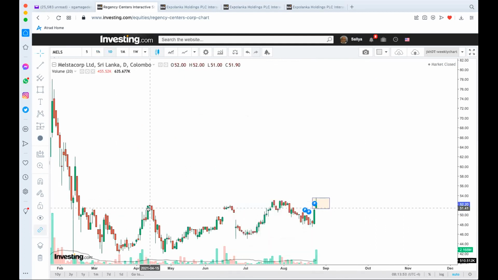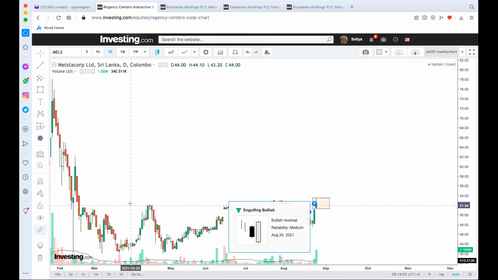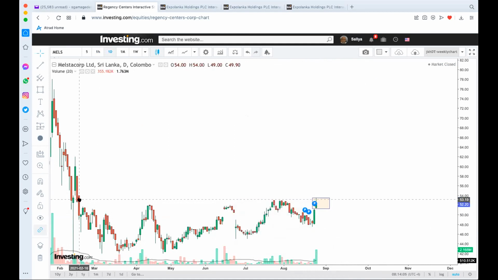Here also 52 rupees. Now it's trying to go above the high prices that we saw in this area. So the next level will be above that. There's a high here at 54 rupees, then a high here at 58 rupees. So you can say between 54 and 58 rupees, the prices can go up if 53.50 is broken and the prices start extending further. That's on Melstar.